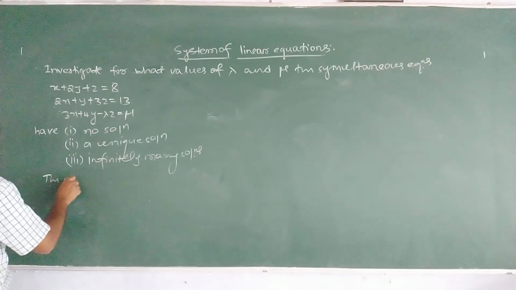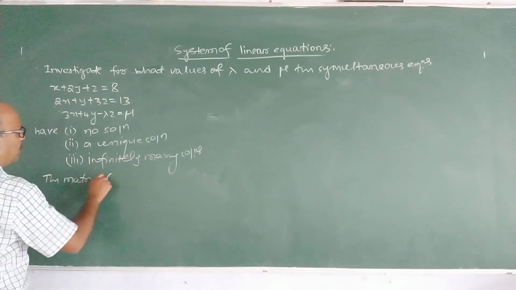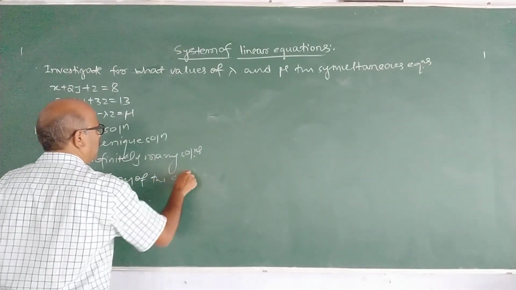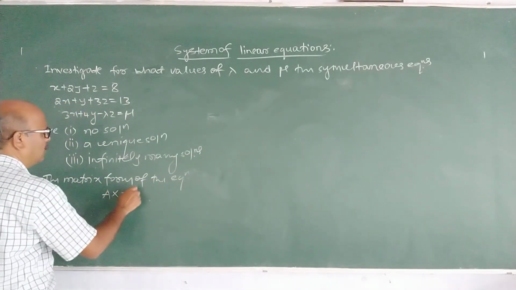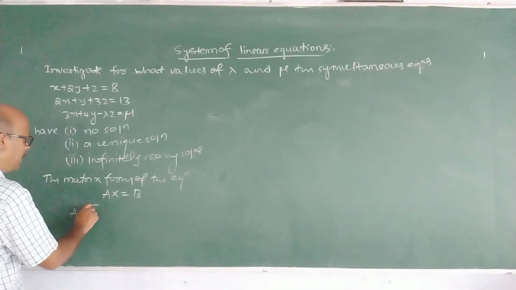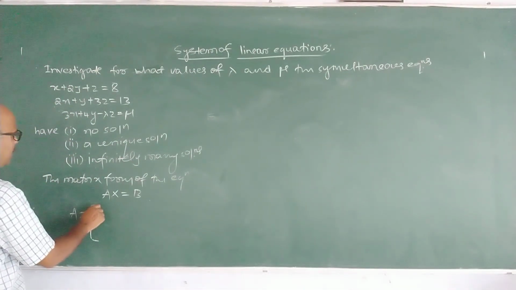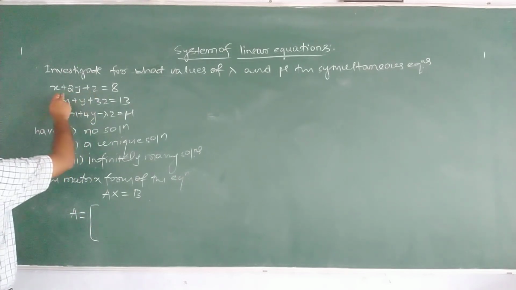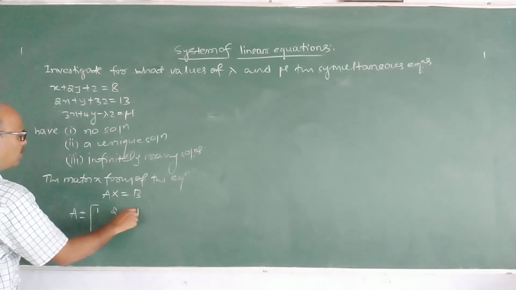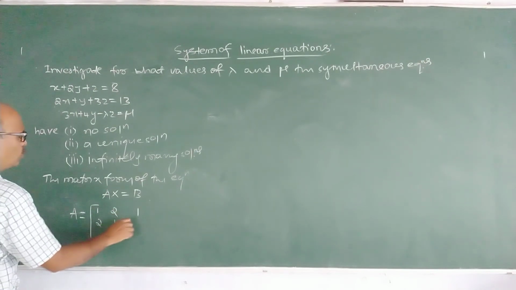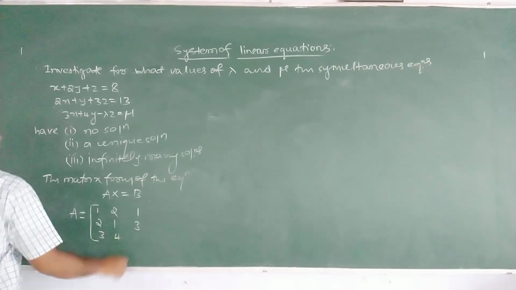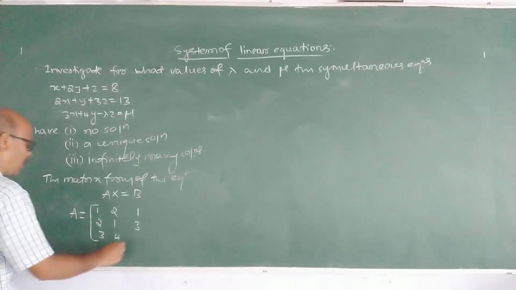The matrix form of the equation is AX is equal to B. What is A? A is called the coefficient matrix. It consists of the matrix formed by the coefficients of the three equations: 1, 2, 1; 2, 1, 3; 3, 4, minus lambda.